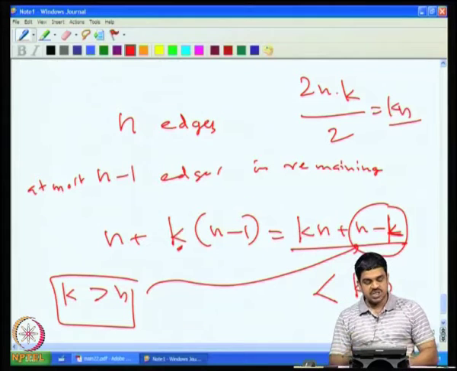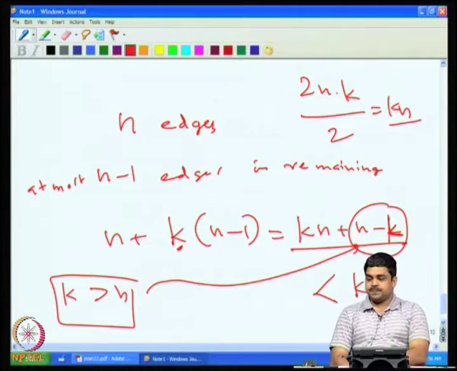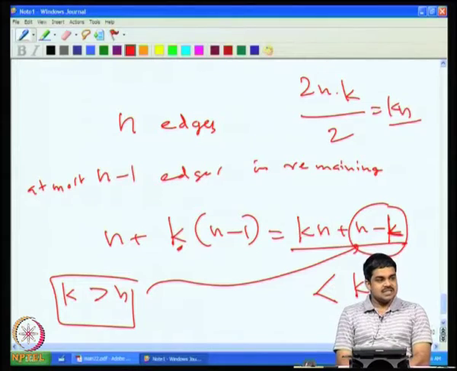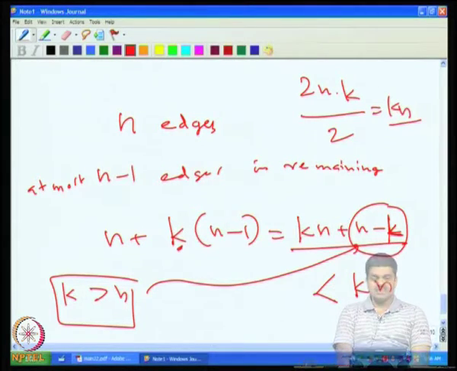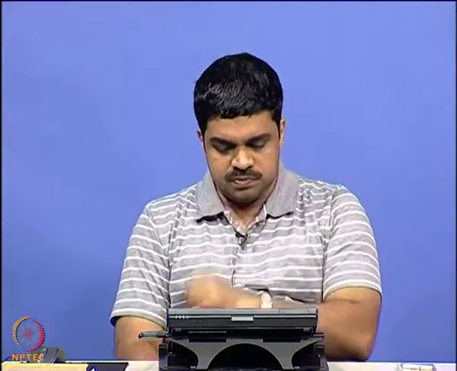That is interesting, because the regularity as such tells us that we need k plus 1, but in the case of a dense regular graph, in the sense that k becomes greater than half the number of vertices, then it says that we need k plus 2 colors. One may think that it's something special about regular graphs.